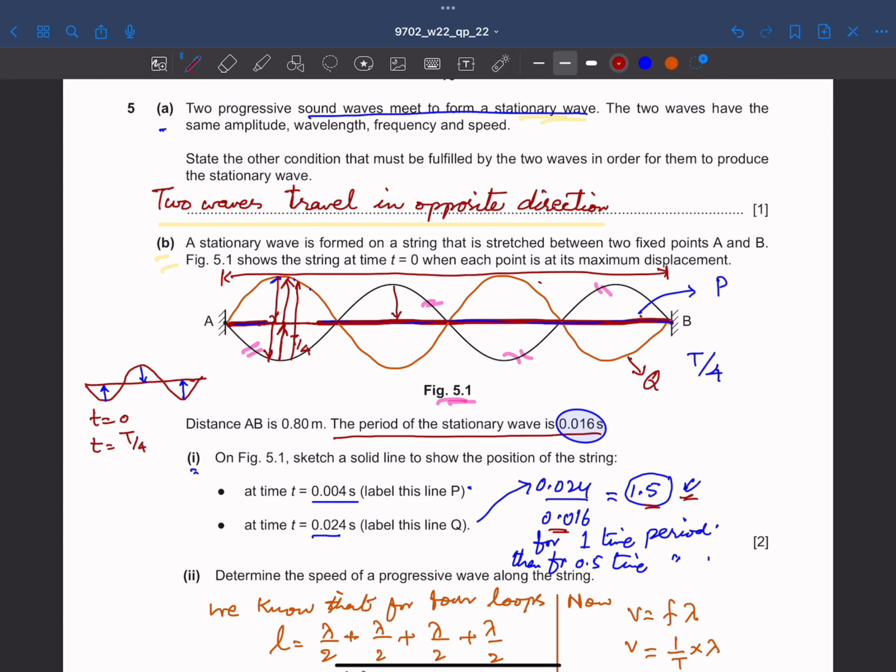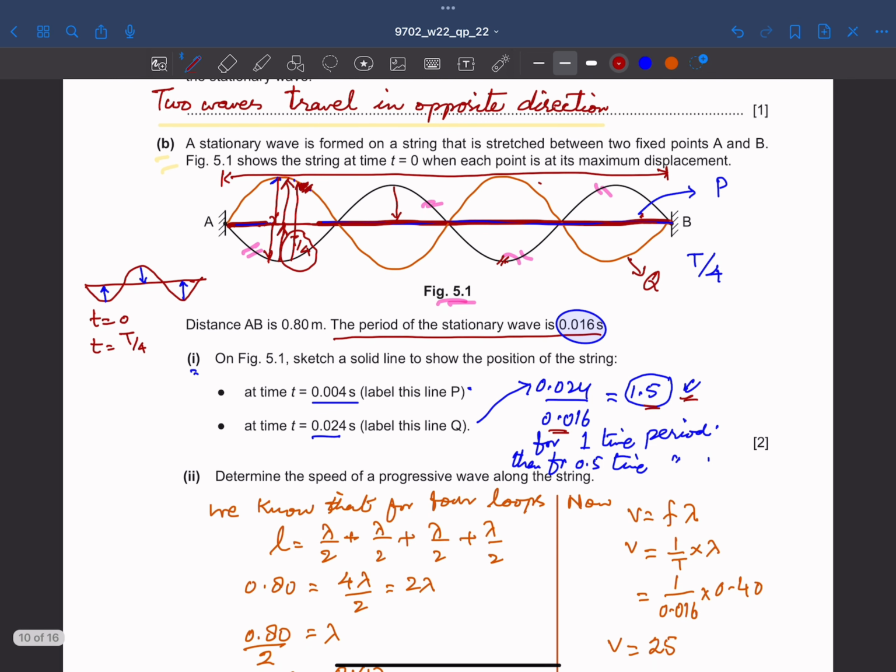Be careful that at 1.5 T you will be in this new position, but this will simply be the mirror image of the given position of the string. So P is the straight line where you have only T over 4, and for 1.5 T you have this new position, the mirror image of your string. I hope it's clear. So this is position P, and this is position Q.